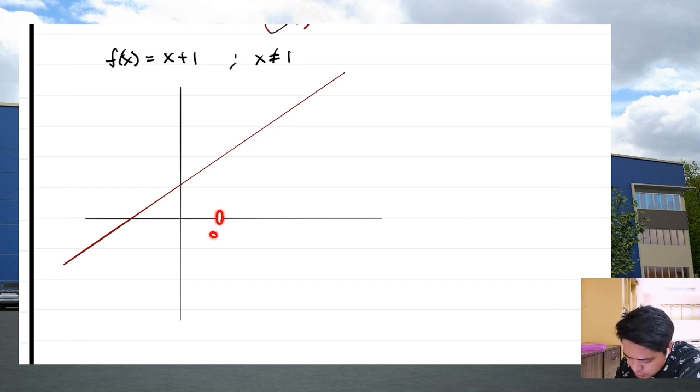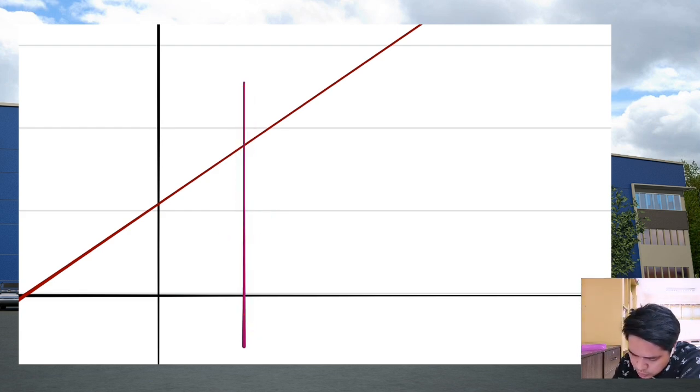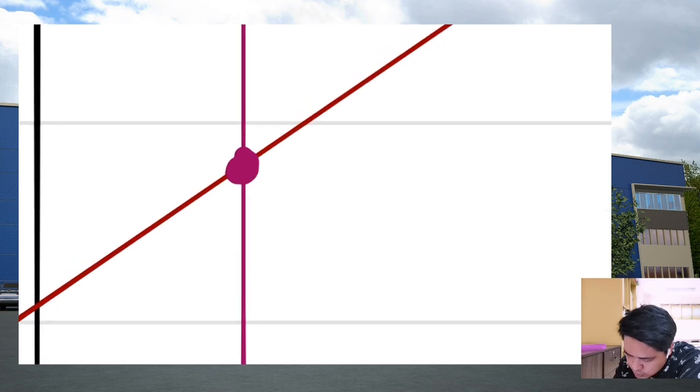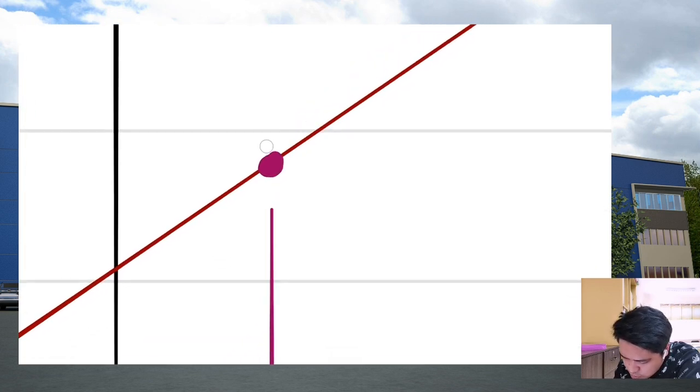Let's say this is x equal to 1. At this point, butas siya. It's not continuous. So meaning putol siya dyan.